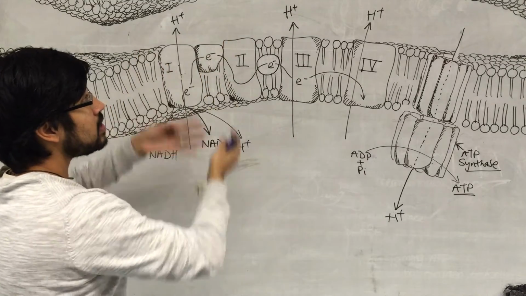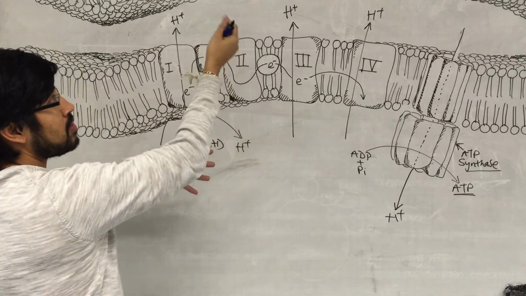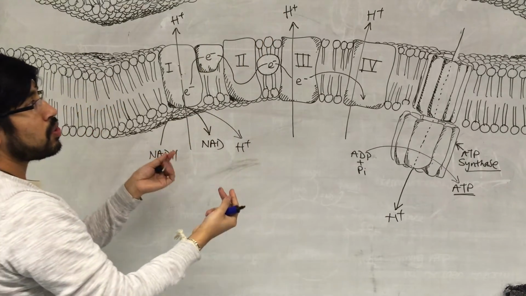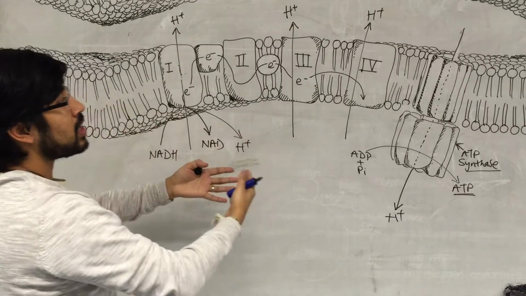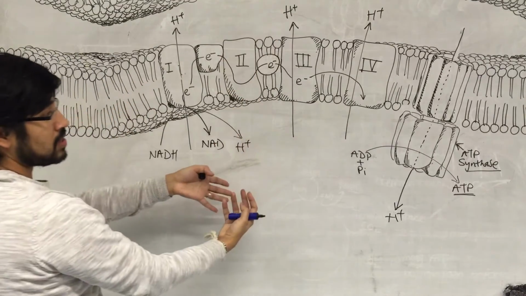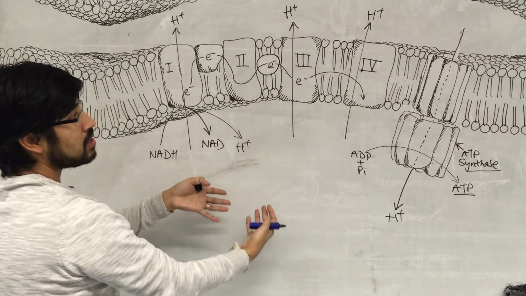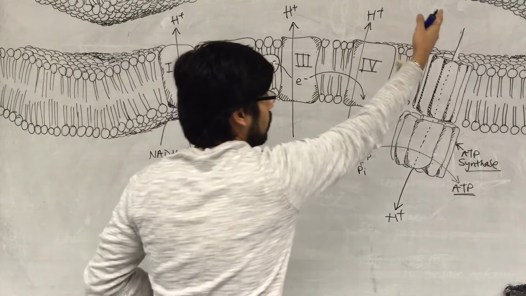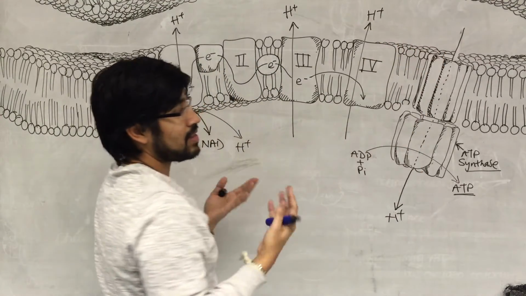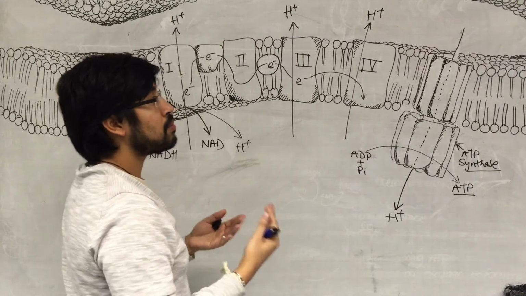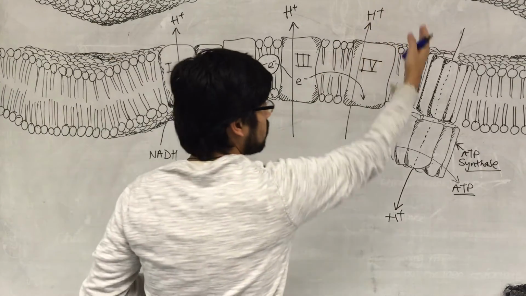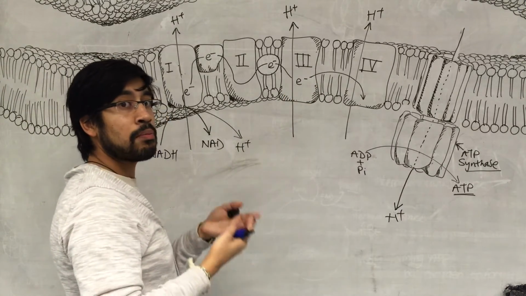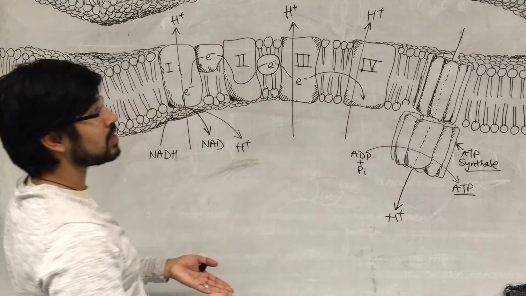It's both a pH gradient, because of the presence of so much H plus in one place compared to another, but it's also an electrical gradient because we've got so much positive charge there compared to here. So much more positive, much more negative. For these two reasons, that's why the proton gradient is so strong, because protons move back down through the ATP synthase down both a pH gradient as well as an electrical gradient.